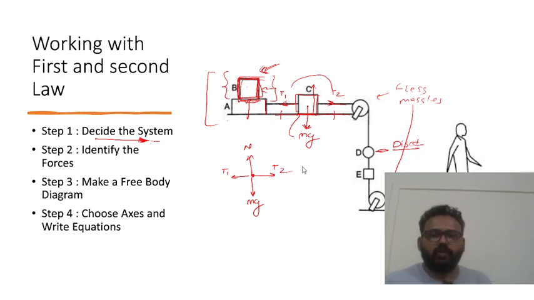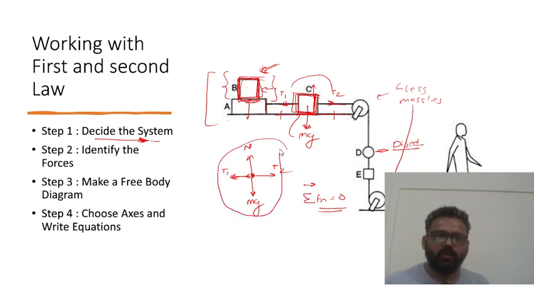Now if this mass is at rest, or if it is moving with a constant velocity, then we can say it's unaccelerated, and we can conclude that the net of forces acting on it is 0. Correct. Now these are various forces acting on that mass, and if that mass is at rest, we can conclude that the net force acting on that body is 0. So how can we write the summation of all forces?